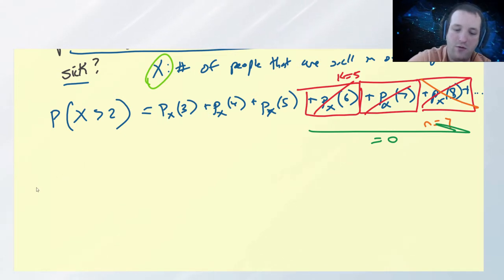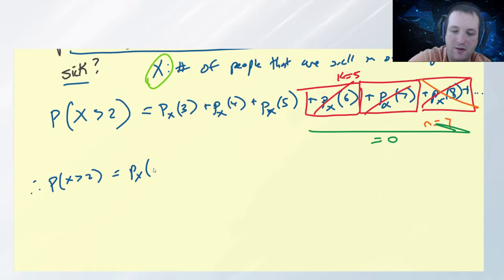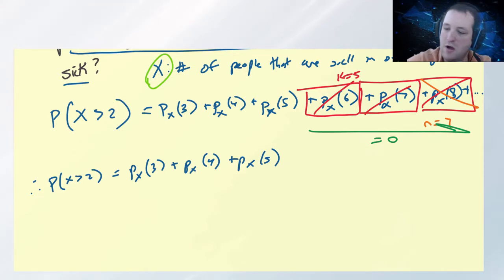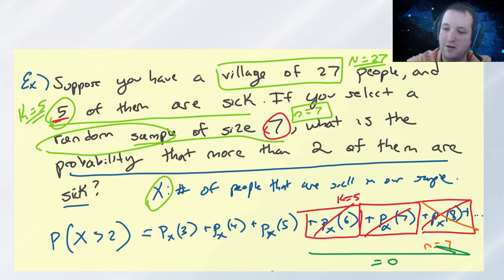So that means the probability that x is bigger than 2 is just going to be equal to the probability that x is equal to 3, plus the probability that x is equal to 4, plus the probability that x is equal to 5. So remember that k is equal to 5, capital N is equal to 27, and little n is going to be equal to 7, I believe, right?